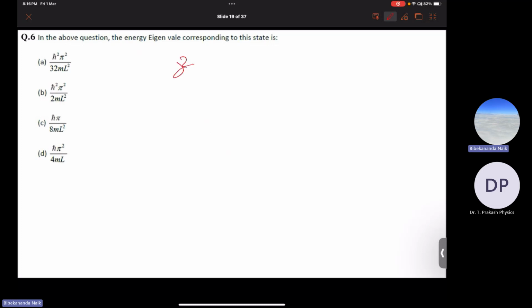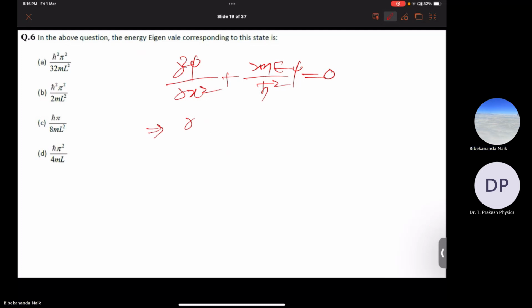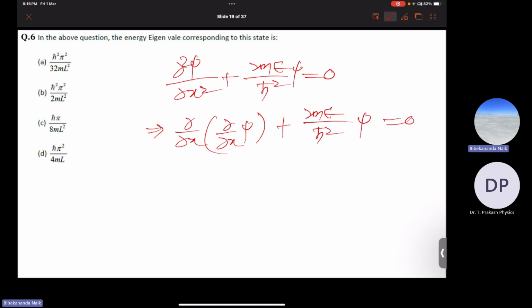Now, we know del square psi by del x square plus 2me by h cross square psi equals 0. We know psi, so if we take the derivative twice of psi, we will get the result.